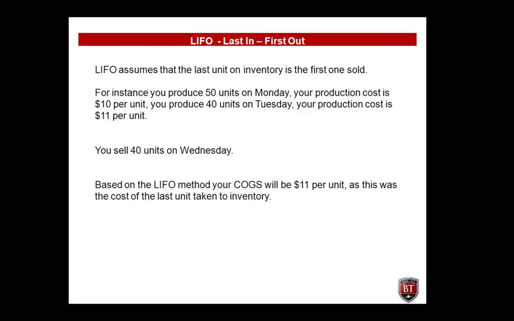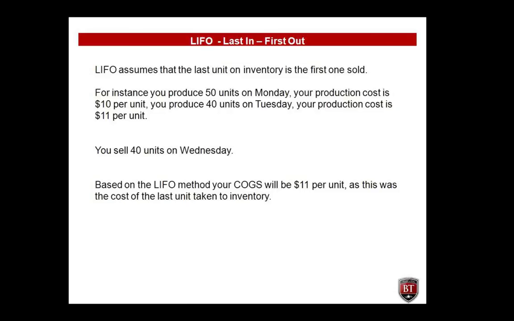Last in, first out method. This method assumes that the last unit making its way into inventory is sold first. The older inventory therefore is left over at the end of the accounting period. For instance, you produce 50 units on Monday, your production cost is $10 per unit. You produce 40 units on Tuesday, your production cost is $11 per unit.